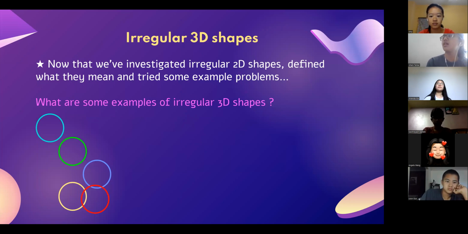So yeah, a pyramid. Every pyramid except one that would have an equilateral triangle base would be irregular. A rectangular prism, yeah, any rectangular prism that isn't a cube. A triangular pyramid, as long as the sides aren't all equilateral.